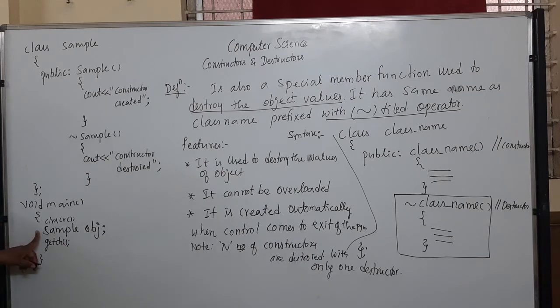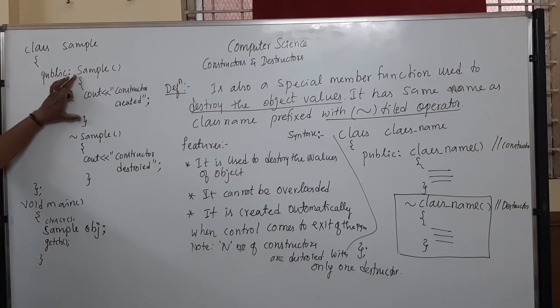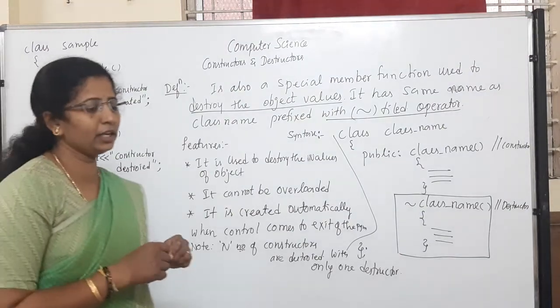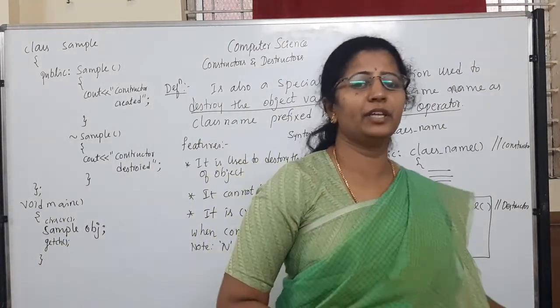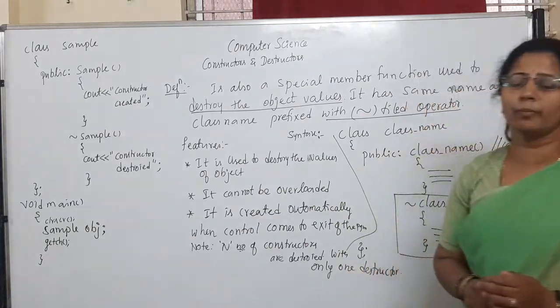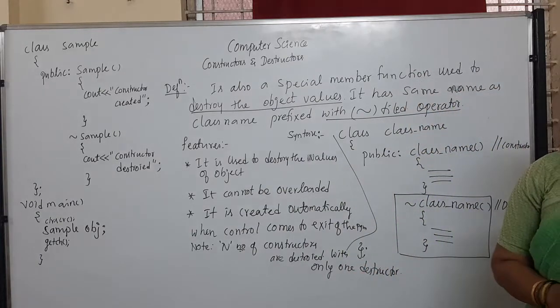Once the object is created, your constructor created message will be displayed. Once the control comes to the end, after the next line, then the destructor will destroy the object which is created by the constructor. Okay, students, whatever is there now on the board, it is for 5 marks.